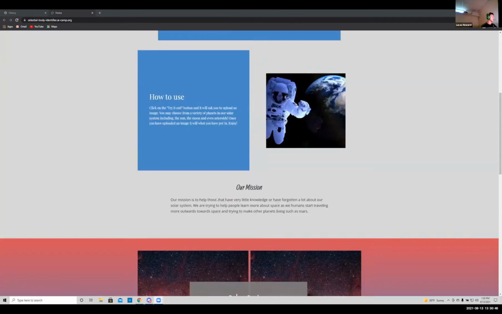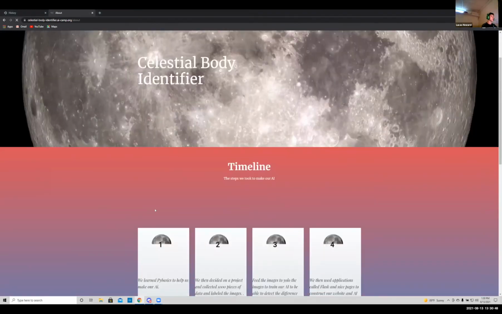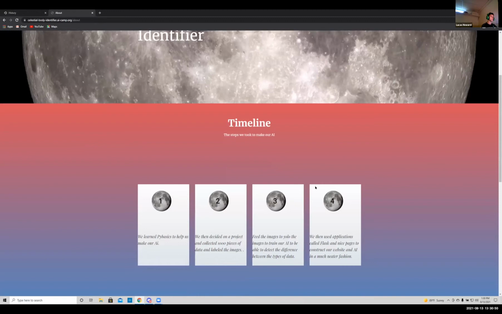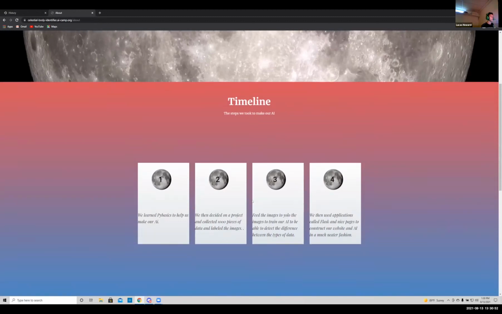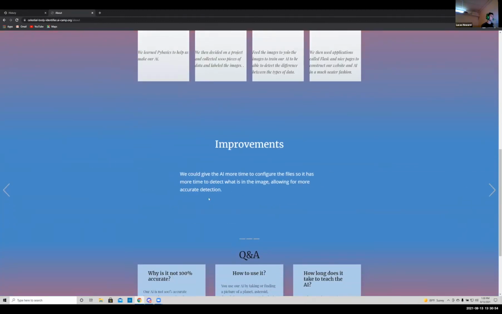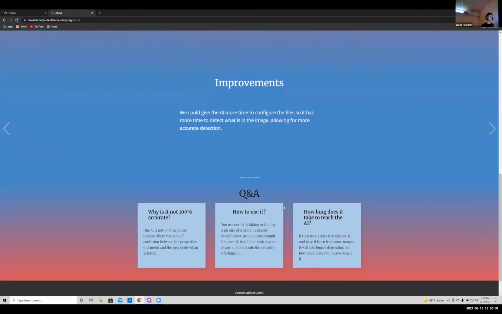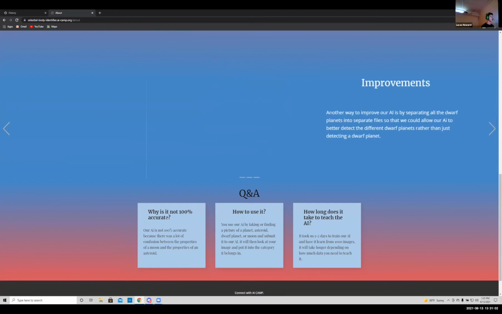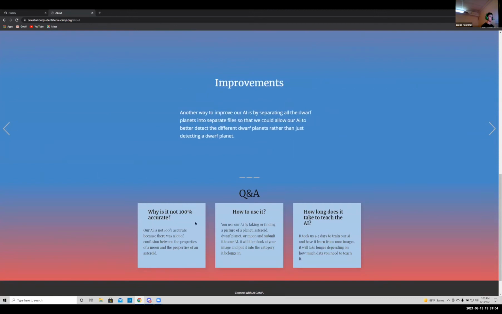We have an about page, which has a timeline and all the steps we took to make our celestial body identifier, and some improvements we can make to our AI in the future. And then we have a Q&A that could help answer your questions on why it isn't 100% accurate, how you would use it, or how long it took to teach the AI to identify the planets.